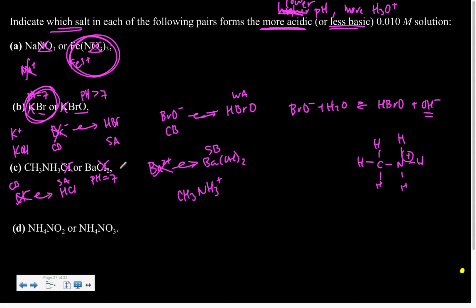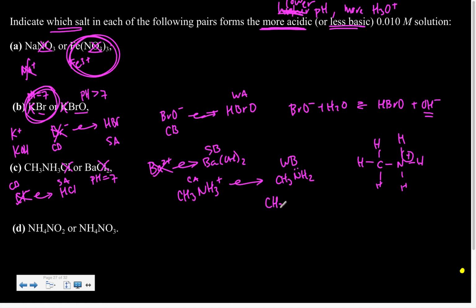Now, I have a nitrogen stuck to 4 things, which is protonated, meaning that this is the conjugate acid of CH3 what? NH2. Yes? Where in here, it would be a nitrogen stuck to 3 things, which means here, it would have its lone pair. So this is the conjugate acid of a weak base, which means that this behaves weakly acidic.